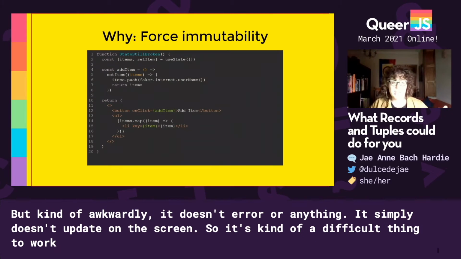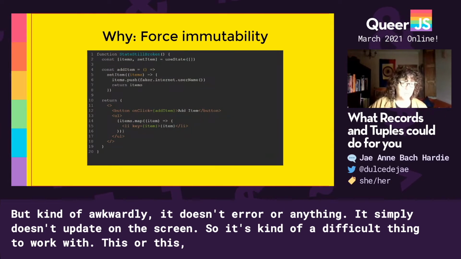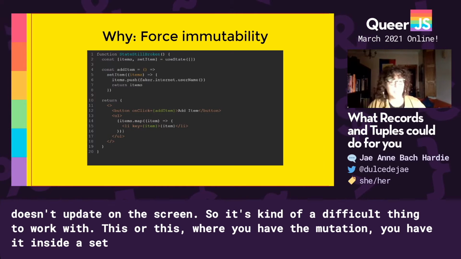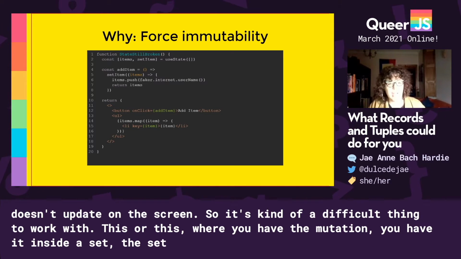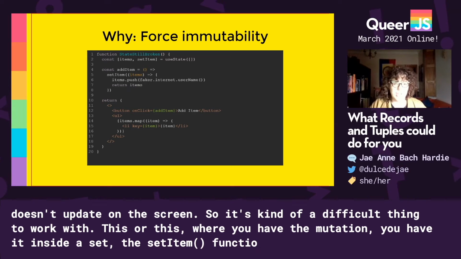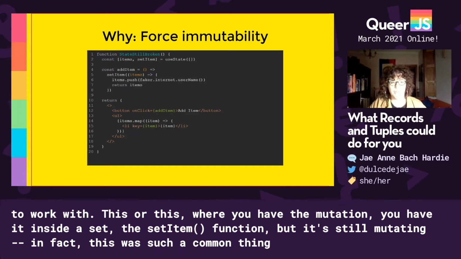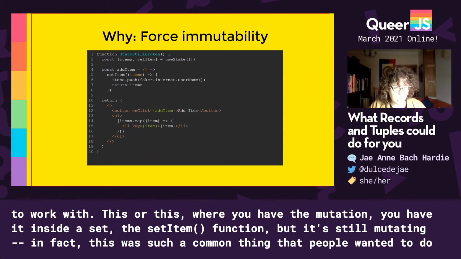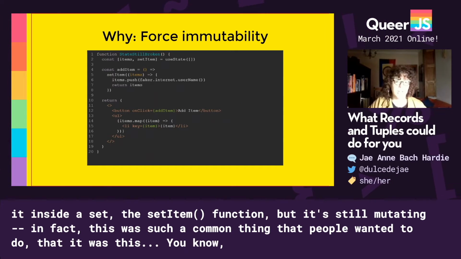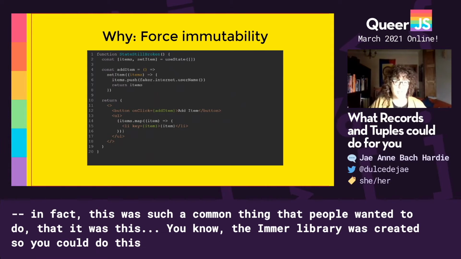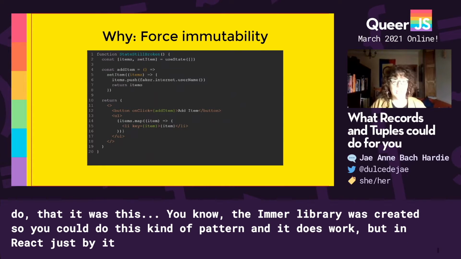This or this, where you have the mutation inside the set item function, it's still mutating. In fact, this was such a common thing that people wanted to do that the Immer library was created, so you could do this kind of pattern, and it does work, but React just by itself doesn't do anything.